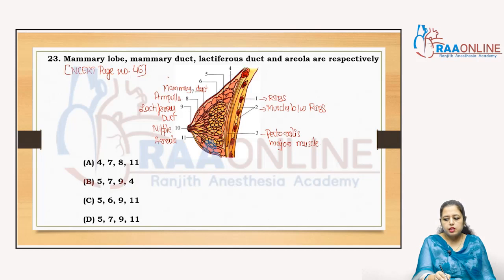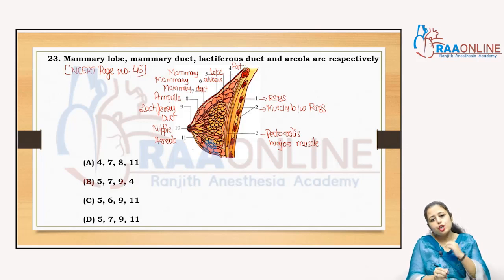That 6th shows the mammary alveolus, right? That 5th one is the mammary lobe, and the 4th one is the fat. Clear? So this is the enumeration.